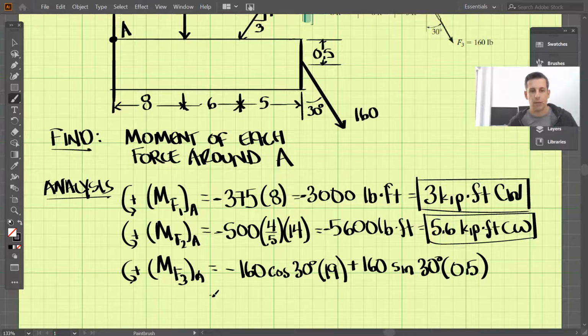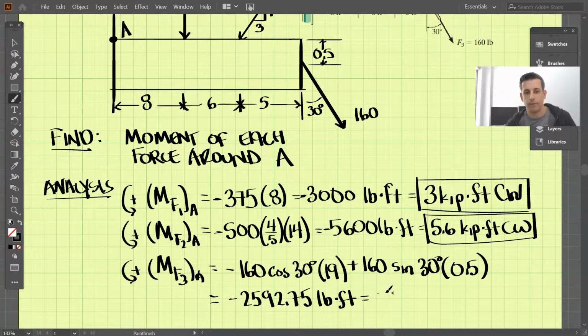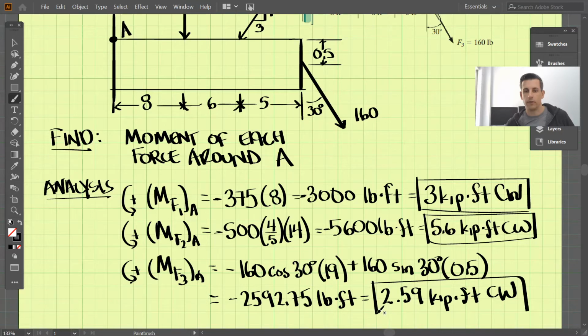What we come up with there is negative 2,592.75 pound-feet, which is then equal to 2.59 kip feet clockwise. And that is our answer for the third force. And that is it.